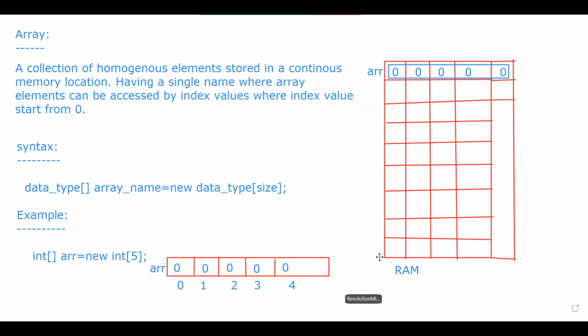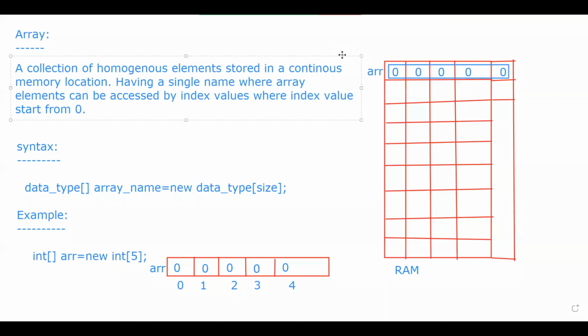So this is how the definition of an array looks, with syntax and declaration. For all the elements present inside this array, we have given one single name, the array name ARR. Array elements can be accessed by index value, where the index starts from 0. These 0, 1, 2, 3, 4 are the index values.